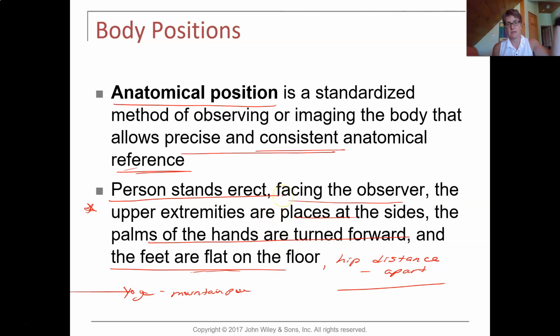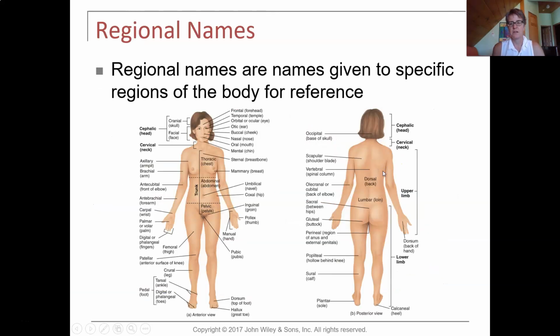I used to get whacked on the head, stand up straight, growing up. So this female here is in the anatomical position, facing forward. Her feet are facing forward, so they're not cockeyed, and they're slightly apart.